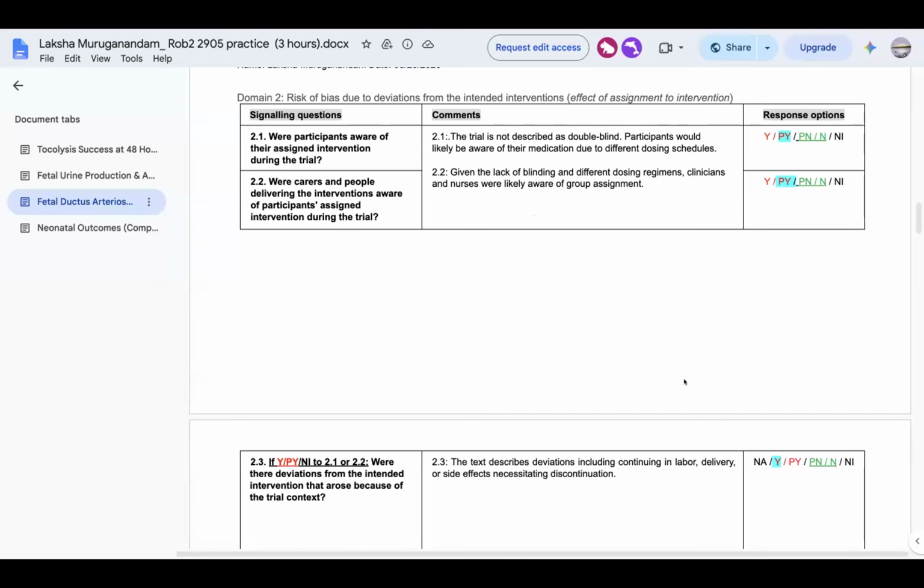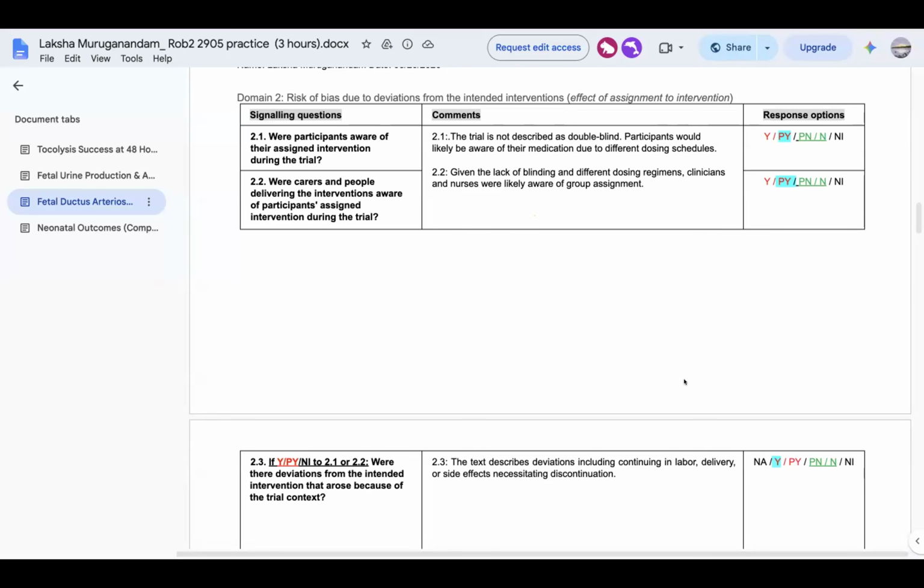In this case, they do not describe if they were blinded, and therefore they do not describe how they concealed group allocation. So we do not have information if it's blinded, and we do not have information on how they kept their patients and caregivers blinded.